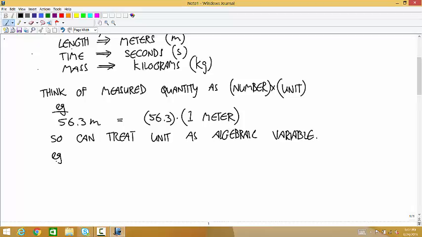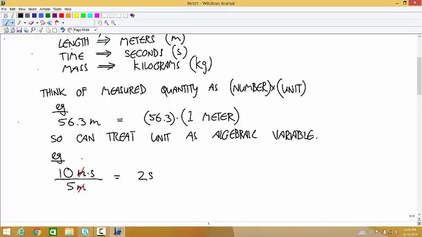So for example, if you have 10 meters times seconds, I don't know what meters times seconds would be measuring, but you could come up with a measurement that uses those units, and you divide by 5 meters. Since you're thinking of this as a 10 times an m times an s, and you're just treating those like any algebraic variables, you can cancel the meters, and your final answer here is just 2 seconds.